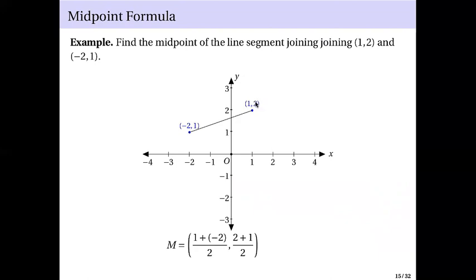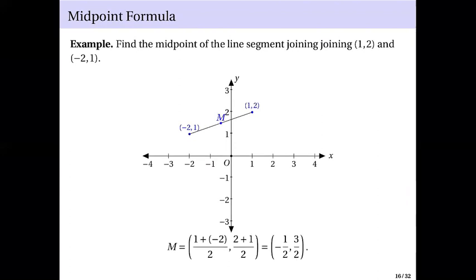For the y, you have 2 plus 1, and then you divide it by 2. Whatever you get after your calculation here, you will have negative 1 half, comma, 3 halves. So that is the midpoint M.